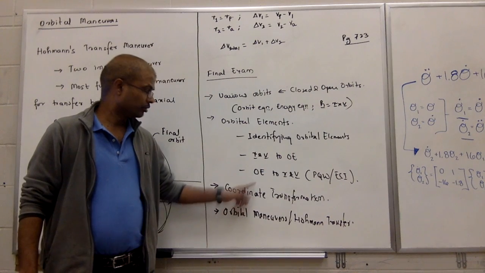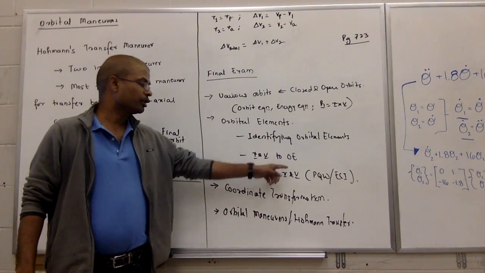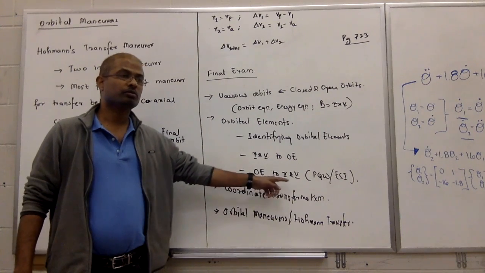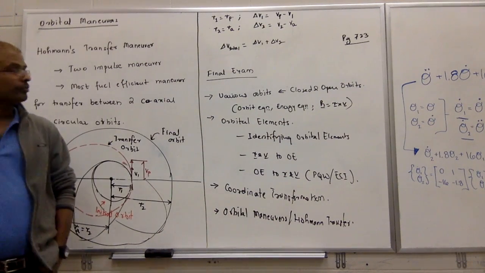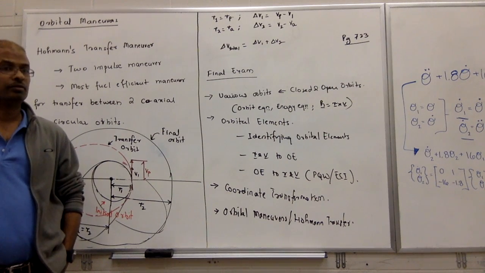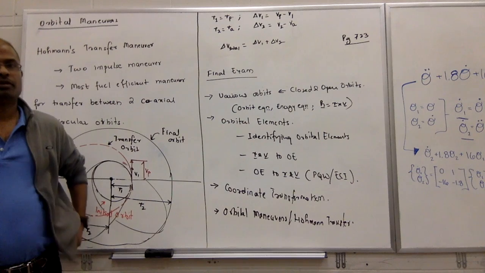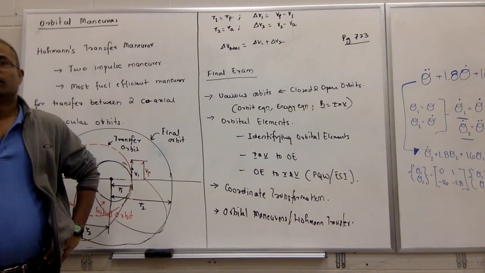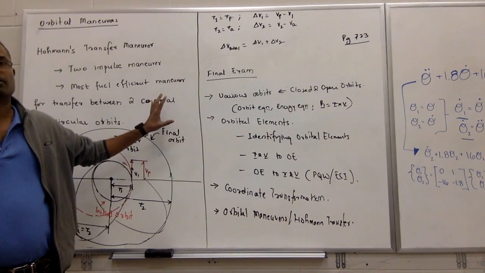Orbital elements, R and V to orbital elements, orbital elements to R and V. That's not too bad. As for orbital maneuvers, that's all we need to know, whatever we did last class and this.